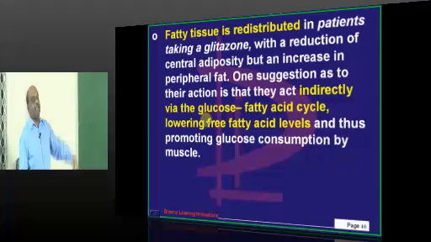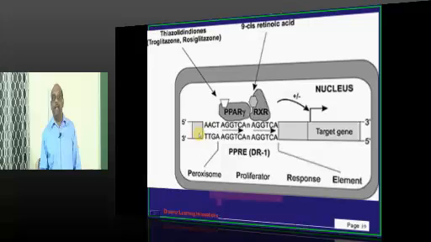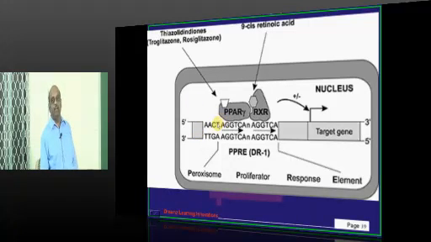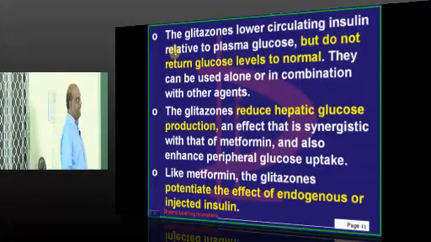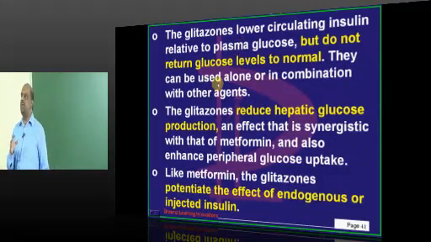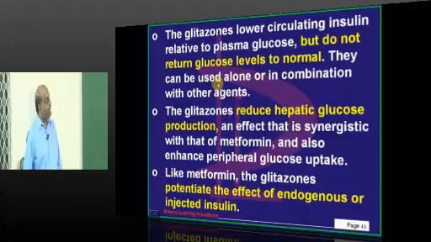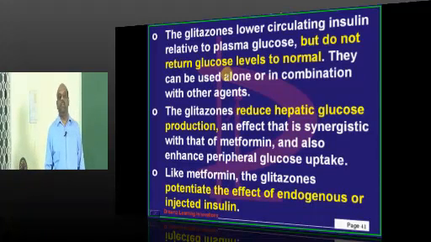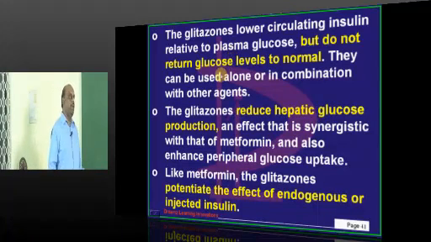How are the free fatty acid levels decreasing? By the action of thiazolidinediones on the nuclear receptor. PPAR gamma is what needs to be remembered. Now, if you use the glitazones, they will lower the circulating insulin compared to that of the plasma glucose, but they will not bring the glucose to normal.